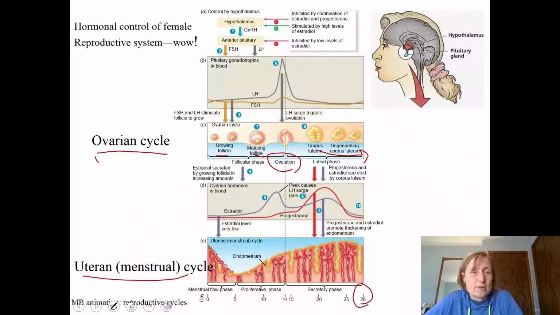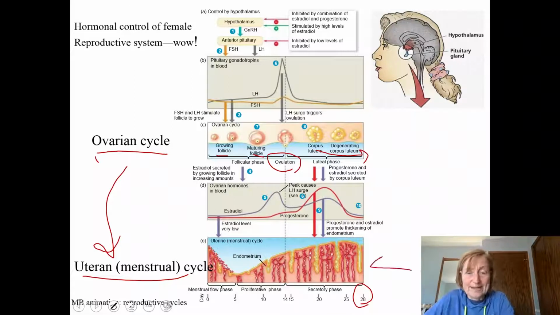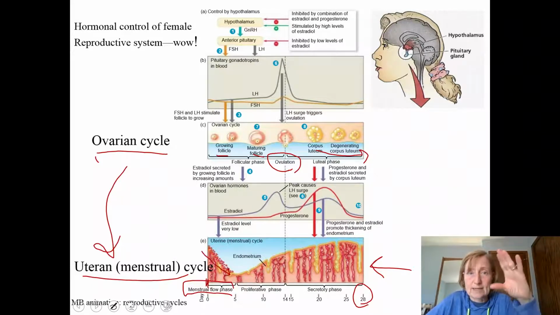That has to be tightly coordinated with what's happening down here in the uterus. And this is a picture of the uterine lining and how it changes over the cycle. And so we start the cycle actually at day 0 when menstruation starts. That's how we define the cycle start. And the uterine lining is falling apart. It's crumbling. It's getting thinner.